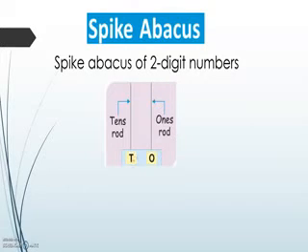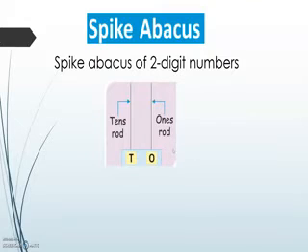A spike abacus of two-digit numbers consists of a ones rod and a tens rod. A ones rod is written O as below.